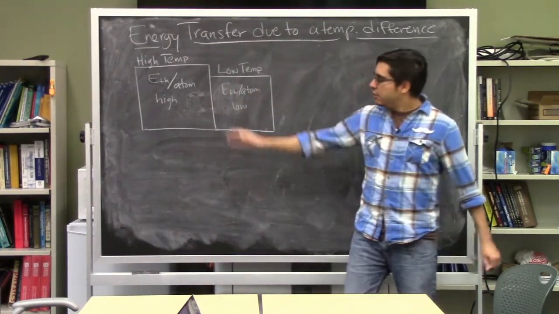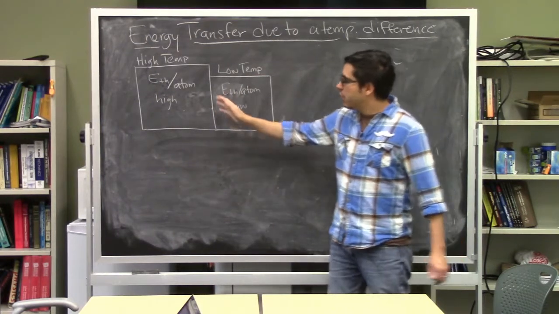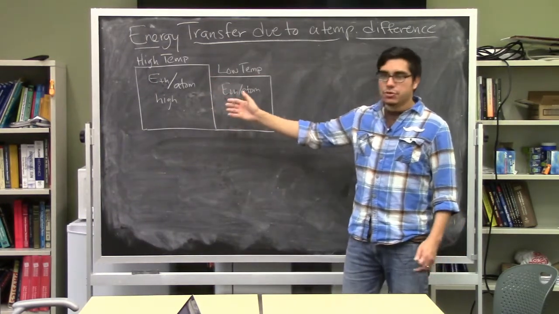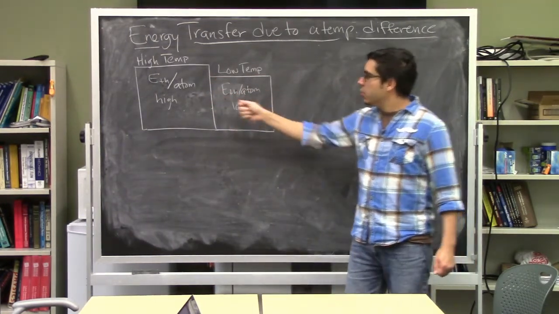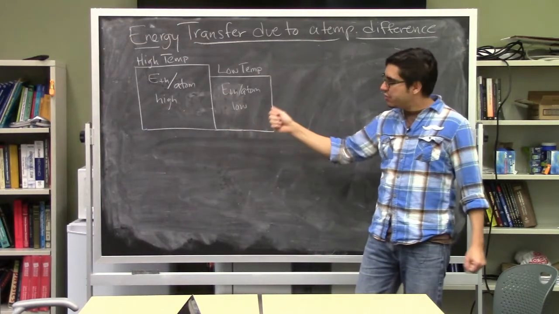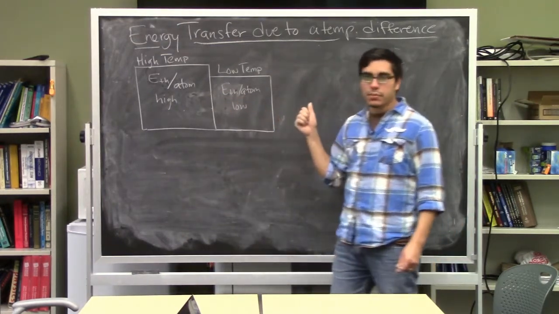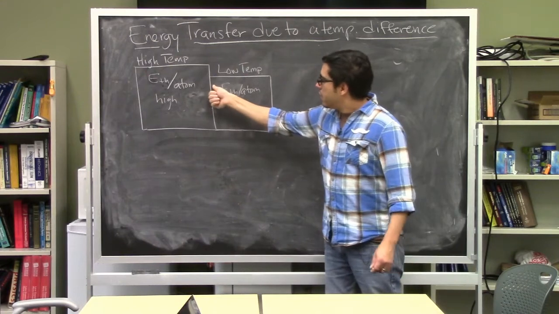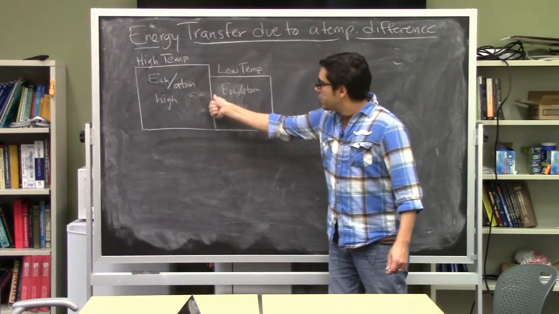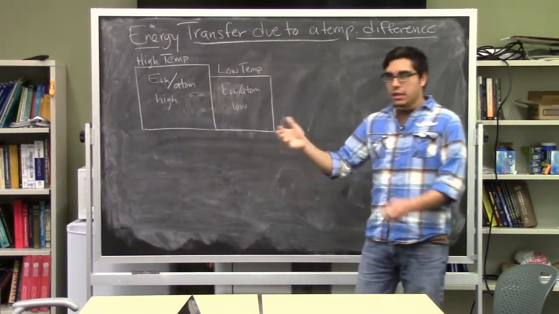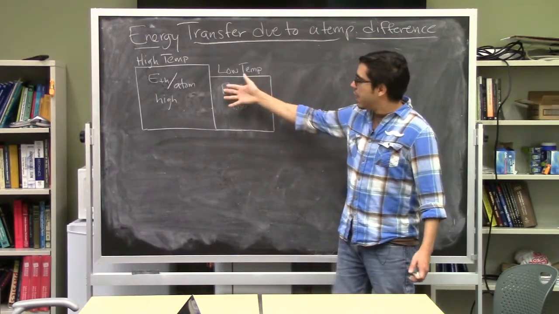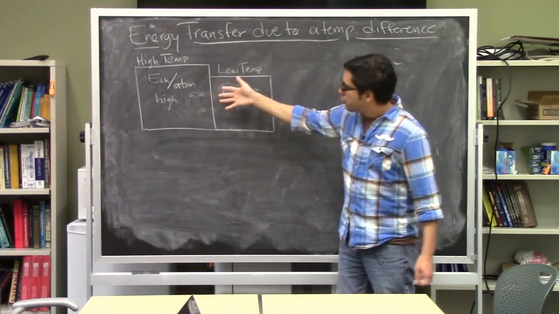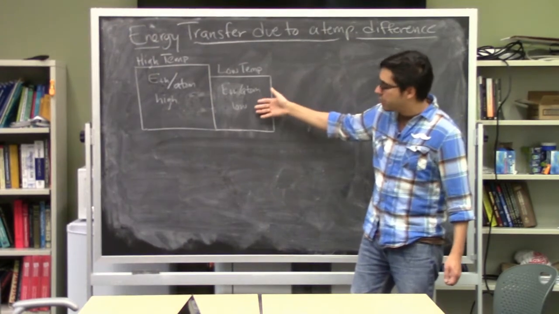And so at the interface here, what you have is a situation where these fast-moving atoms in the high temperature block run into the slow-moving atoms in the low temperature block and transfer their kinetic energy across the boundary. Then that allows atoms near the interface to collide with the other atoms all along the way, transferring kinetic energy throughout the rest of this block.